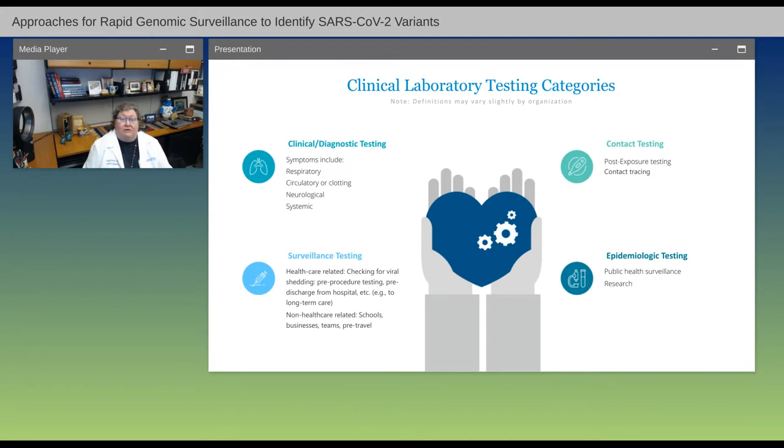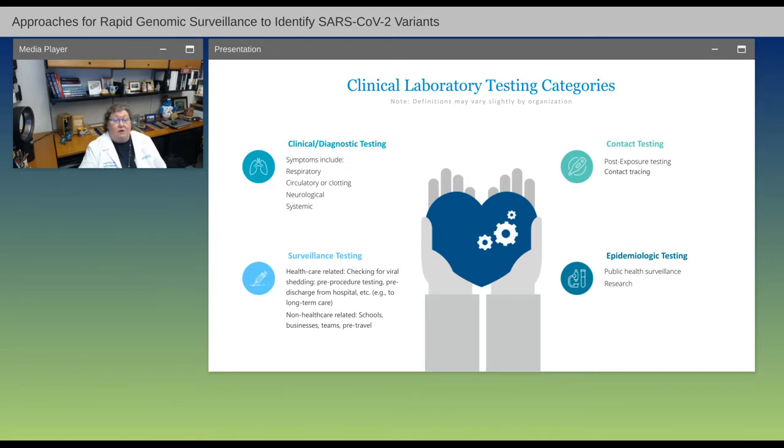Why do we use clinical diagnostic testing, and how has that expanded during the pandemic? We all have recently taken our clinical and diagnostic testing and confined it to symptomatic testing, but we're now also involved in surveillance testing for health-related events, checking for viral shedding, looking for shedding when people go from the hospital to long-term care, and in some cases, non-healthcare related surveillance for schools, businesses, teams, and pre-travel.